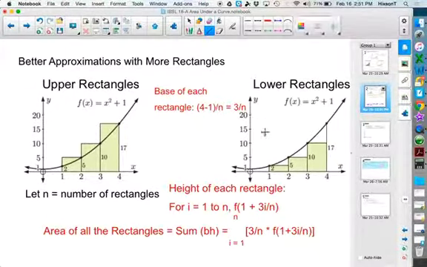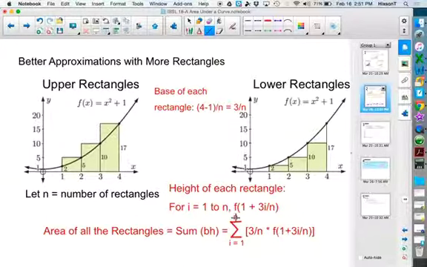So let's make our sum. So there is the area of all of the rectangles combined. Okay? The base 3 over n times the height f of 1 plus 3i over n. We're doing that from the first rectangle all the way up to the nth rectangle.